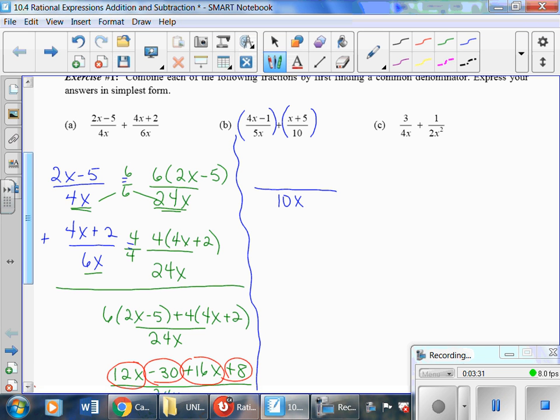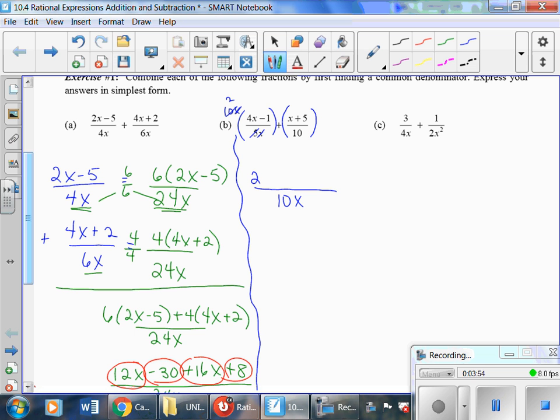Because the least common denominator is 10, and then we have 1x there. So when you think about this 10x, what am I missing now? If I put a 10x up here, what am I missing? The x's go out, the 5, and we're missing a 2.